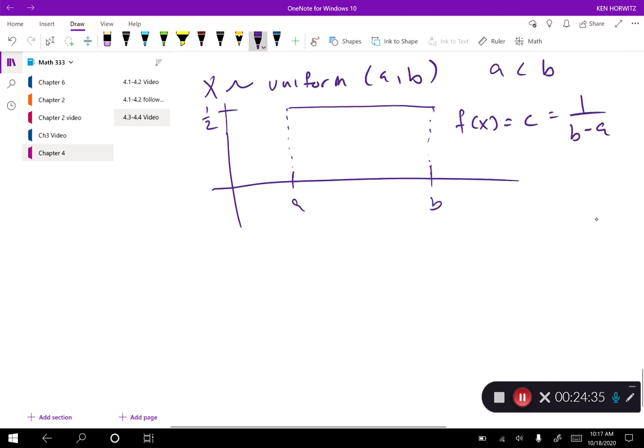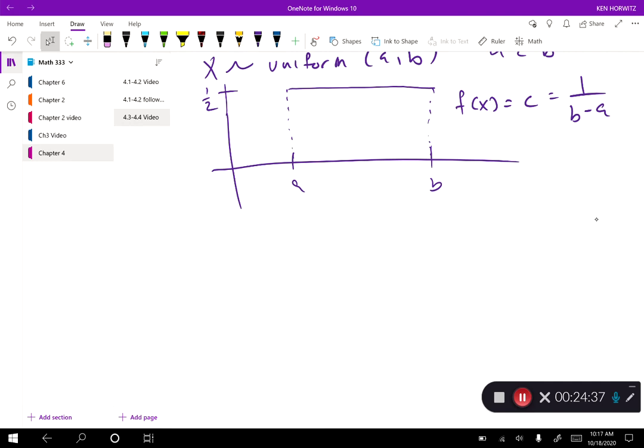If I were to look at a graph of the CDF, cumulative distribution function, of a uniform distribution, here's A, and there's B. I'll change the color so we can see it a little bit better. Change it to green.